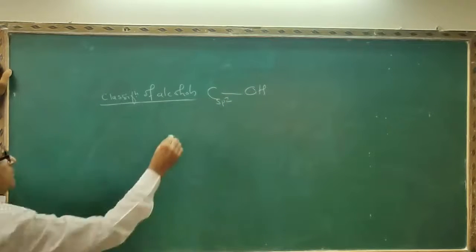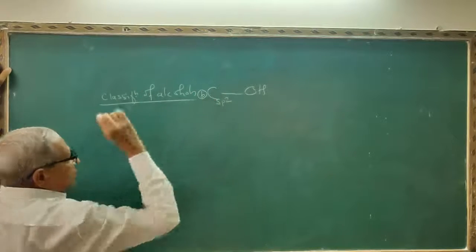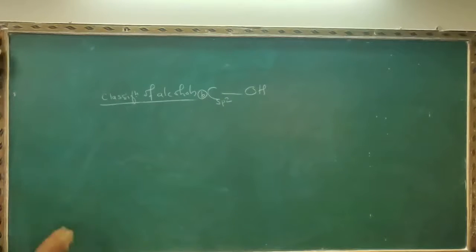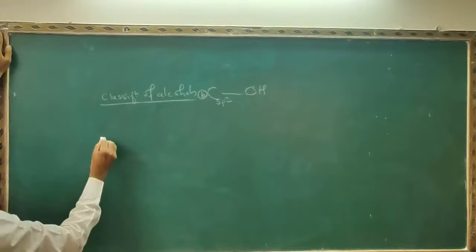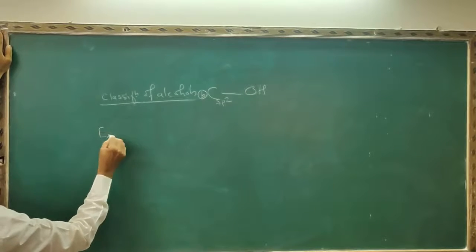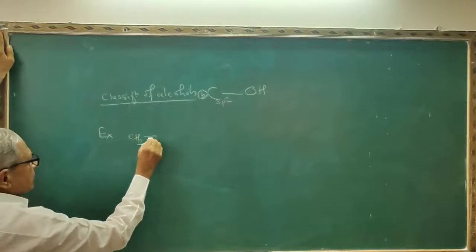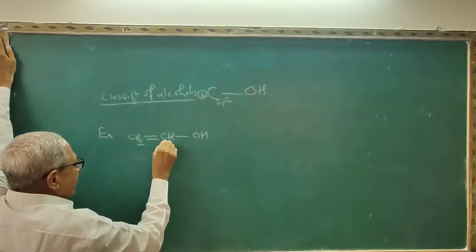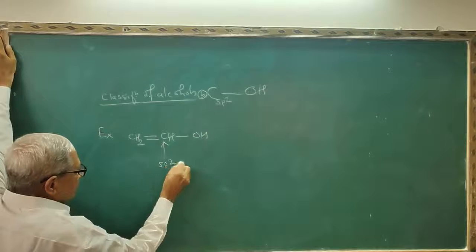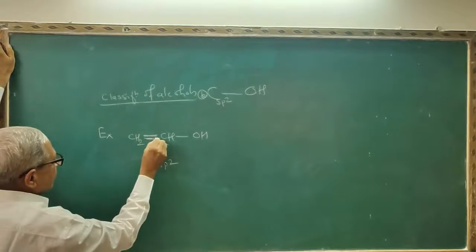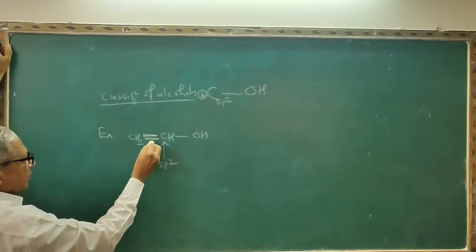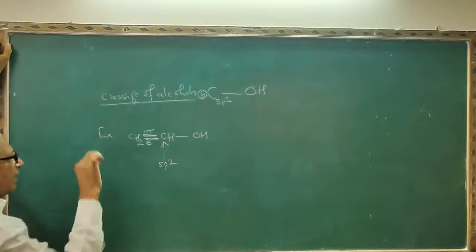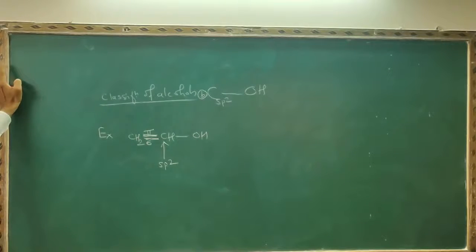So this is your part B. Now see here, in this case, the best example is CH2=CHOH. And see here, the hybridization of this carbon atom is sp2 because it contains a carbon-carbon double bond. One is a sigma bond and another is a pi bond.